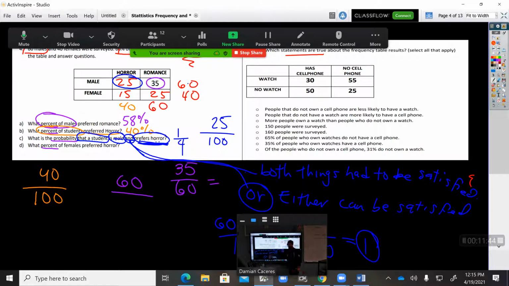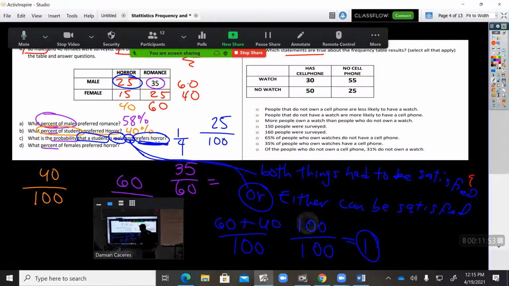But if they ask you for a percent, what's 1 as a percent? 100%, not 1. Because think about it. 100 out of 100. Is that not everything? What percent is everything? 100% is everything. You with me? So the key thing there is when it's and, it's easier because you're going to one number. But when it's or, you have to add up two numbers together. Does that make sense?